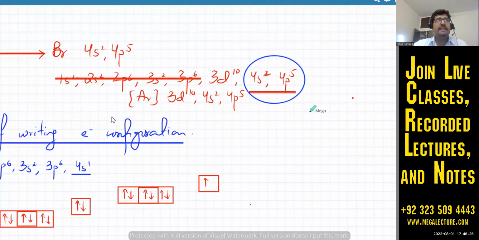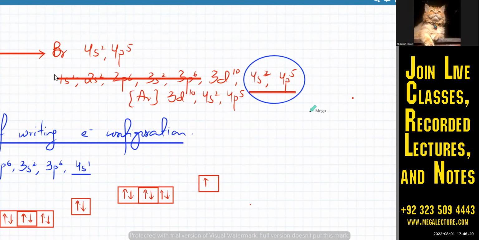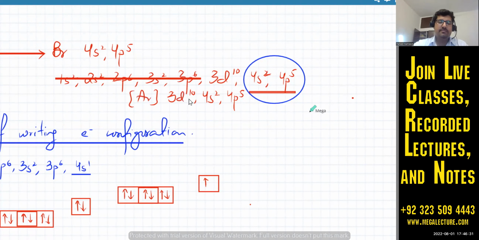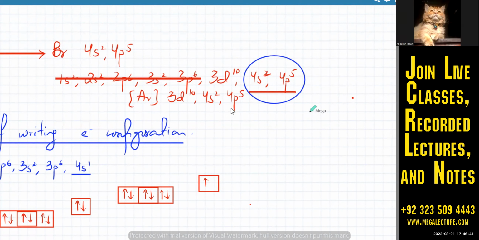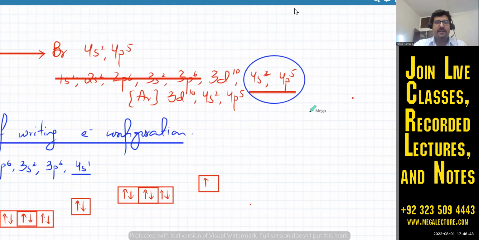You use noble gases to write electronic configurations. So the only option is, 18 electrons is argon, so 3d10 has to fit in between. But if you just want to know the outermost shell, you don't even have to write the electronic configuration. You just know that it's s2p5, okay?